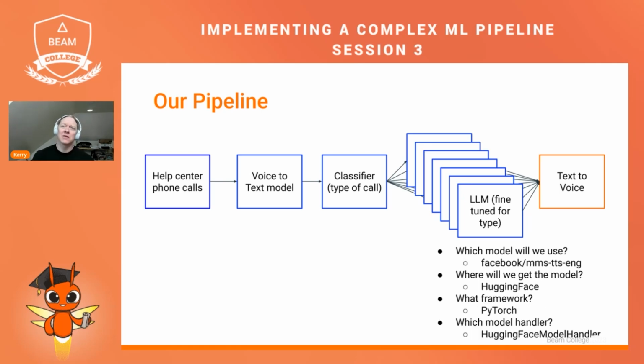I think we're going to use the MMS TTS model from Facebook, and TTS is text to speech. They have a fairly small model. I think it'll fit in our Colab instance pretty well. Also available on Hugging Face. Once again, PyTorch to keep things consistent through our pipeline. And we'll be using the Hugging Face model handler here as well.